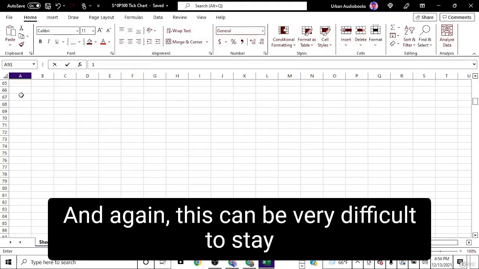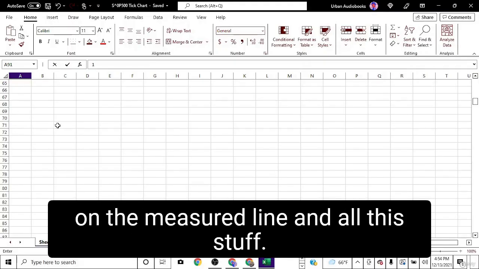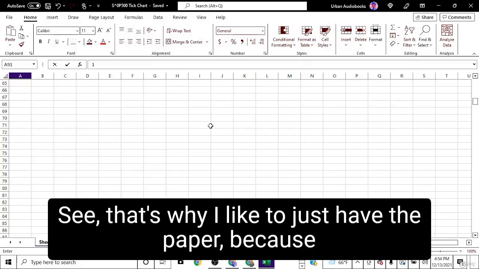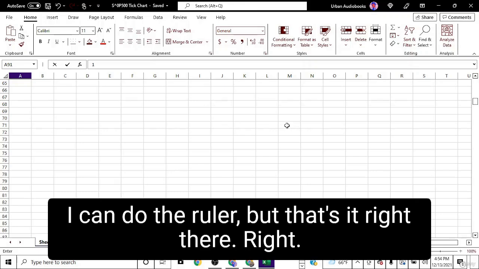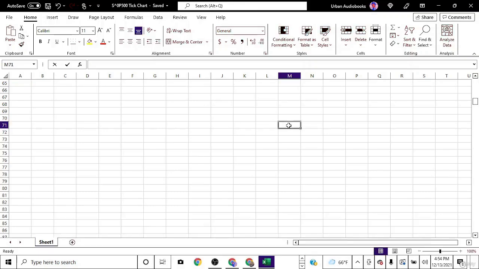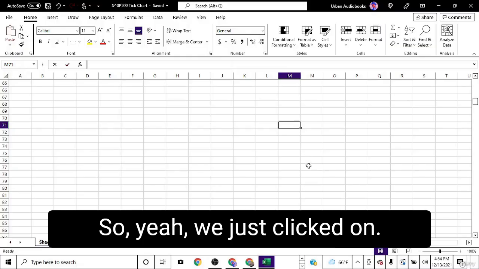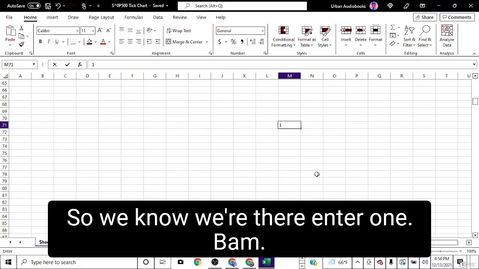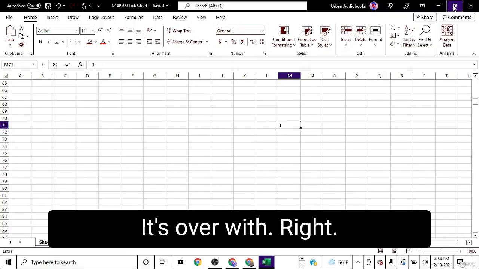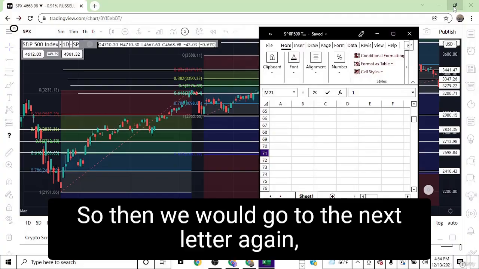It can be very difficult to stay on the measured line and all this stuff. That's why I like to just have the paper, because I can use a ruler. But that's it right there. That's the box. We just clicked on it, so we know we're there. Enter a 1, and it's over with. Then we would go to the next letter.